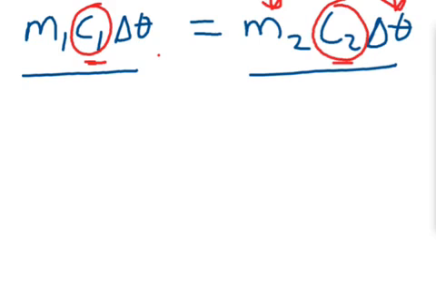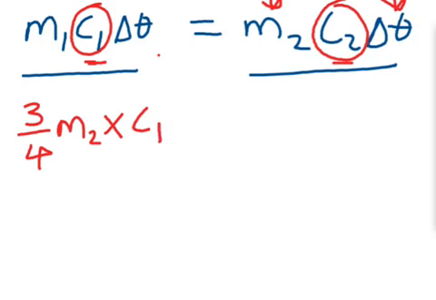question. We are told that the mass of A is 3/4 that of B, and the specific heat capacity was C1, and the change in temperature was change in theta.